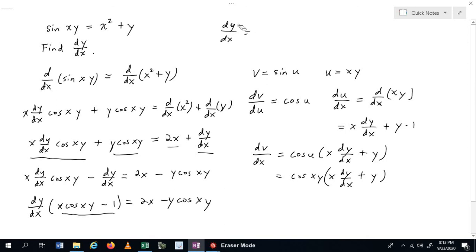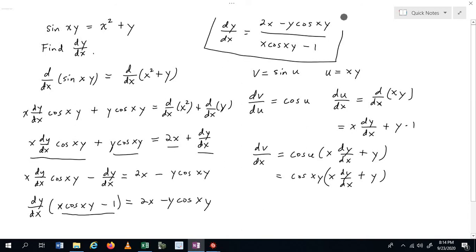So dy/dx would be 2x minus y cosine of xy, divided by this term here, because we're dividing it to the right-hand side. So that's dy/dx.